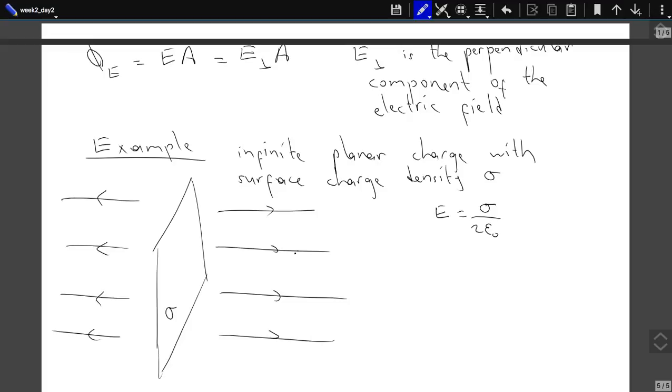Now let's imagine, first of all, this area over here, such that it is perpendicular to the electric field. One side A, the other side B. So you can ask, what is the flux passing through this one?